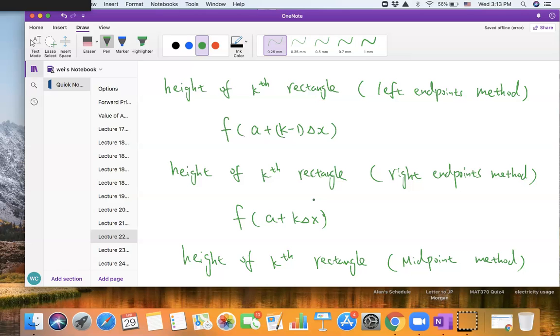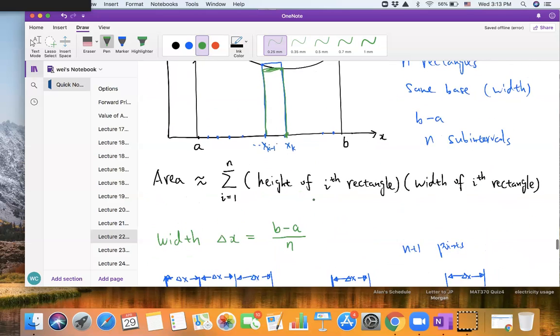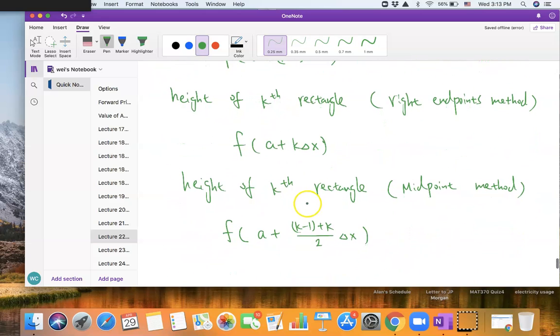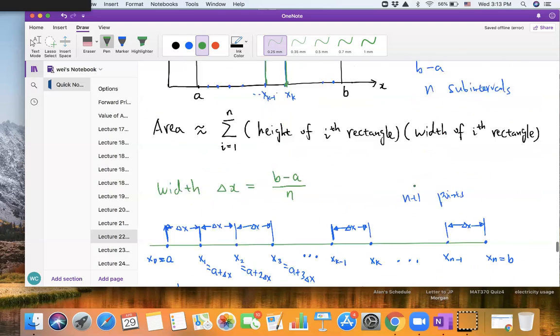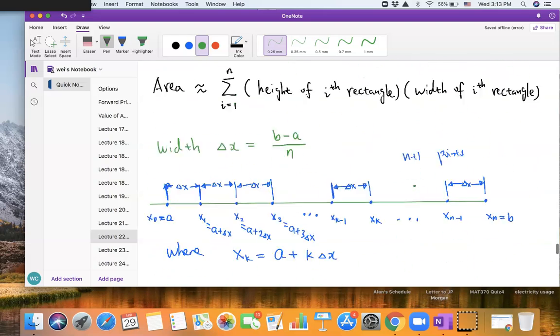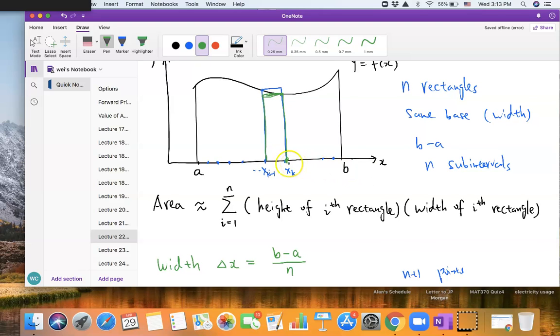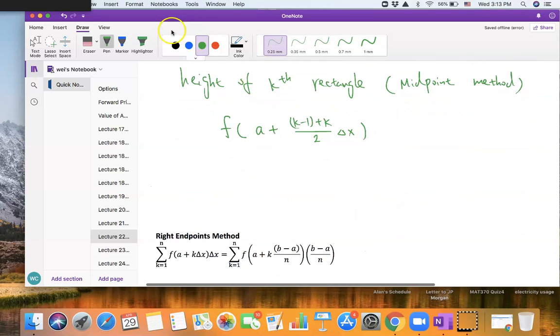We used these two methods in the previous examples, right? Now, actually, there is a third method. The third method is to use the middle point to determine the height of the rectangle. So we consider the middle point between these two points, x_{k-1} and x_k.